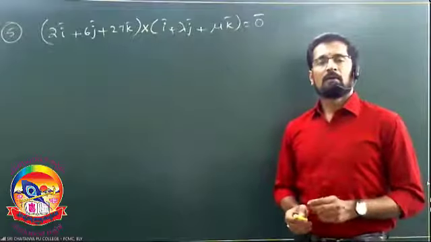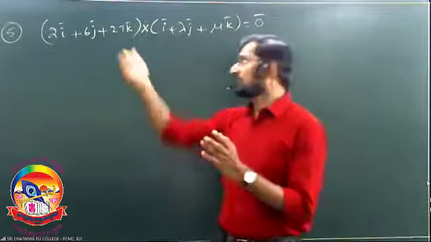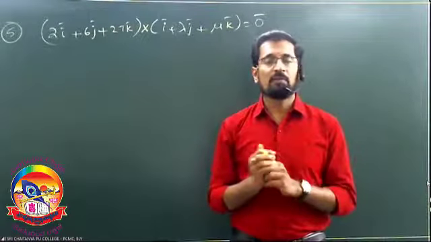The cross vector. So, first of all, find the cross product of these two. How to find A cross B?